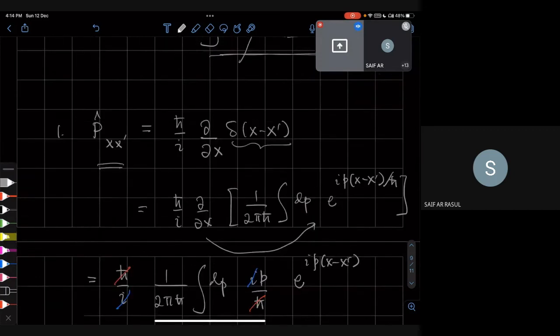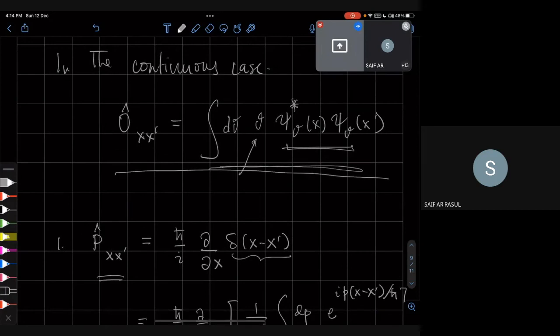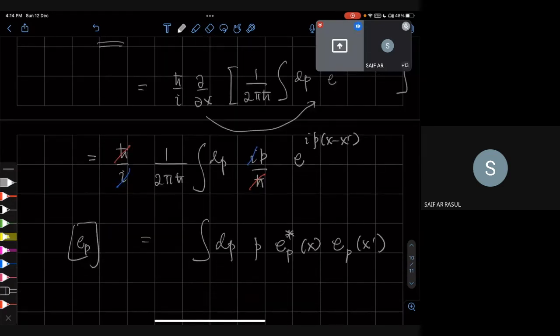So this is exactly in the form of this expression, and the theorem holds for the momentum operator. Should there be a 1 over h bar in the exponent? Yes, thank you.